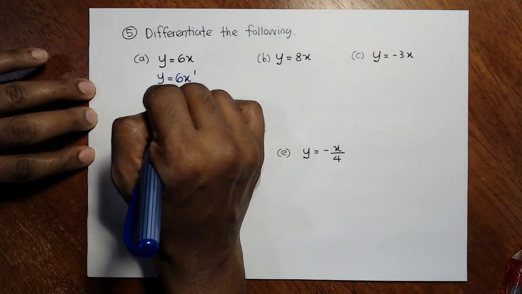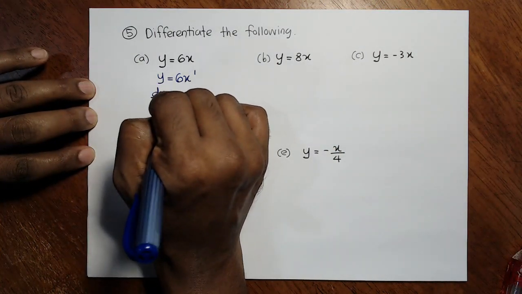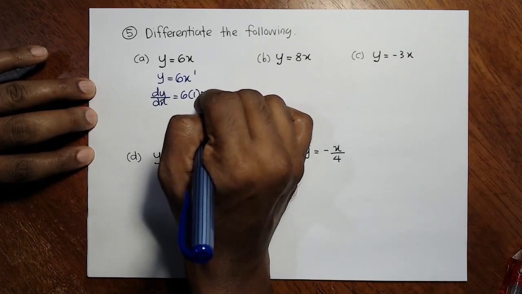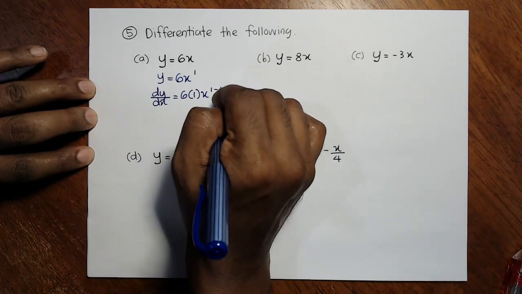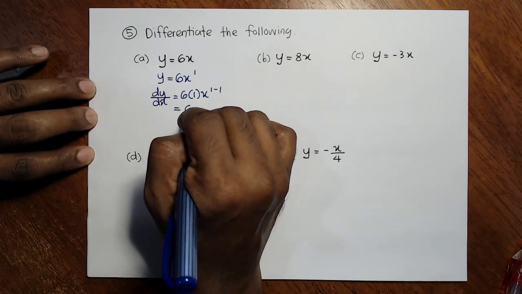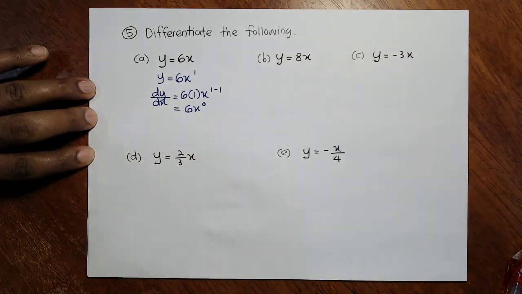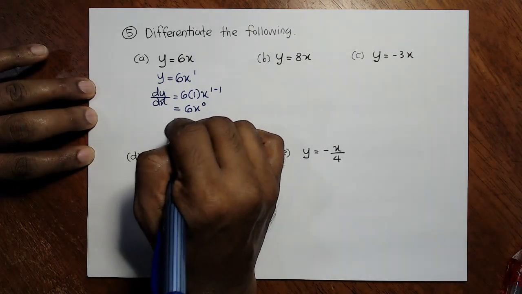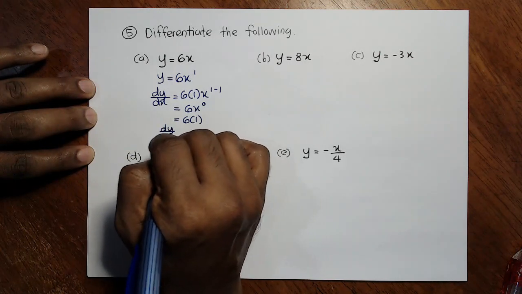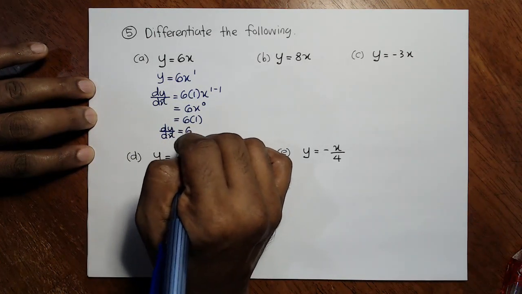Right, so when you do dy dx, it becomes 6. We bring the 1 in front as usual, x to the power of 1 minus 1. So you actually get 6x to the power of 0, and x to the power of 0 is 1. So this is 6 times 1. Therefore, we get dy dx equals to 6.